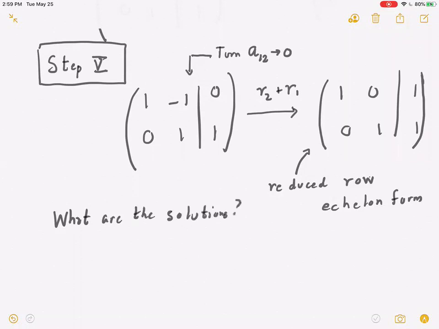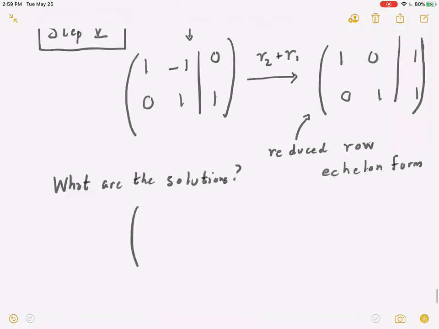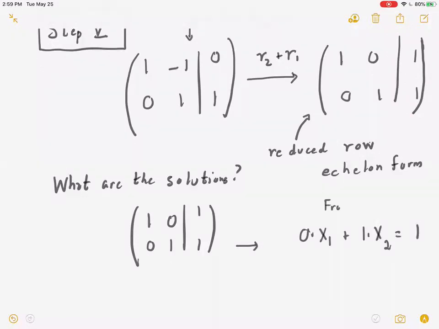Well, the solutions I can get by looking at the reduced row echelon form of the problem and starting from the bottom up and reading out what this is telling me. This is telling me that 0 times x₁ plus 1 times x₂ equals 1. So I start from the bottom and I go up. And then at the top, I have 1 times x₁ plus 0 times x₂ equals 1.